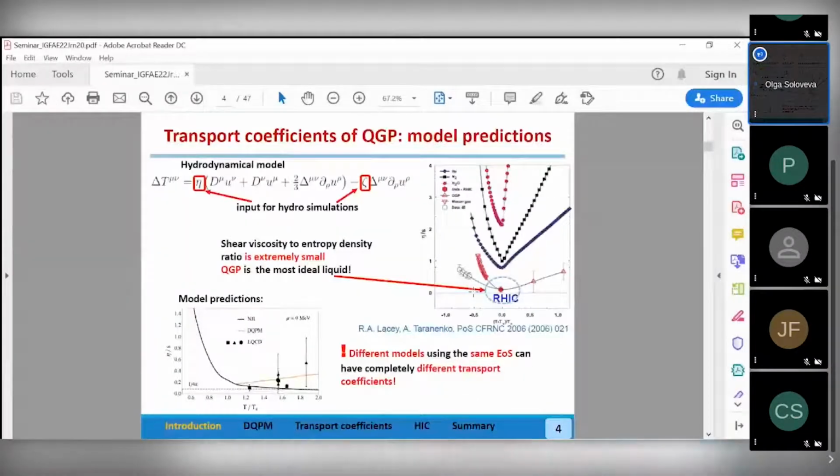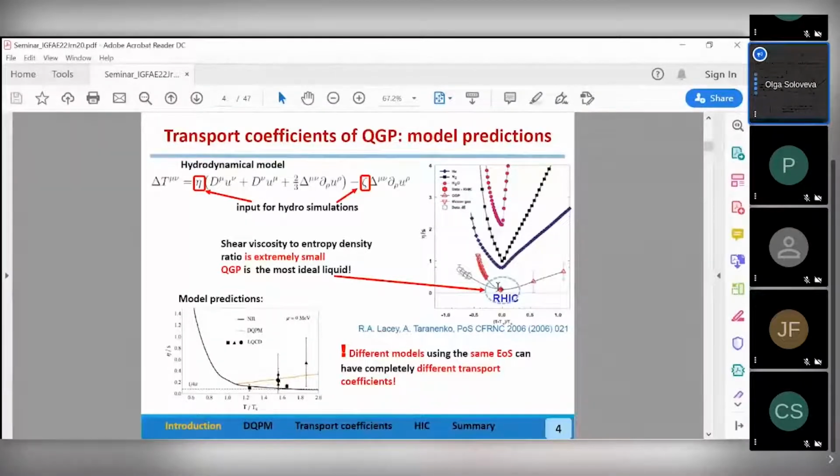When matter is weakly interacting, the shear viscosity to entropy density is high. For example, for a meson gas, it is somewhere here. And in the case of strongly interacting matter, the shear viscosity to entropy density is very low.